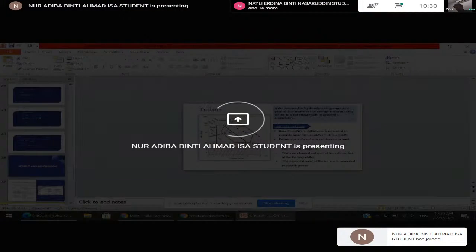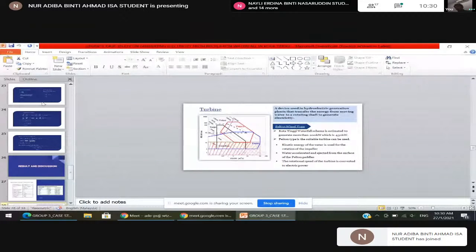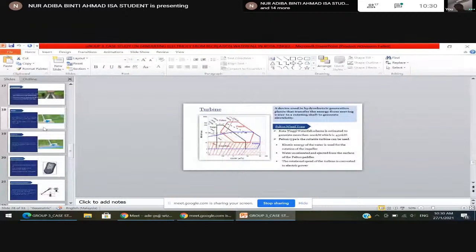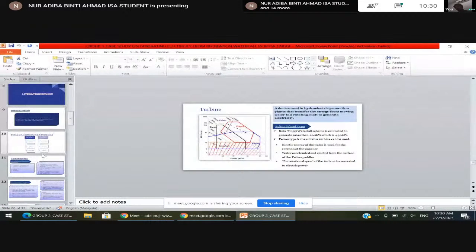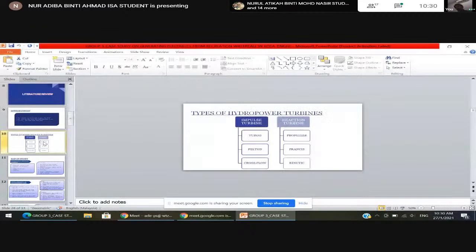In the literature review, Adiba talked about the types of hydropower turbine, which has two types: impulse and reaction turbines. Our selected turbine is under impulse turbine.